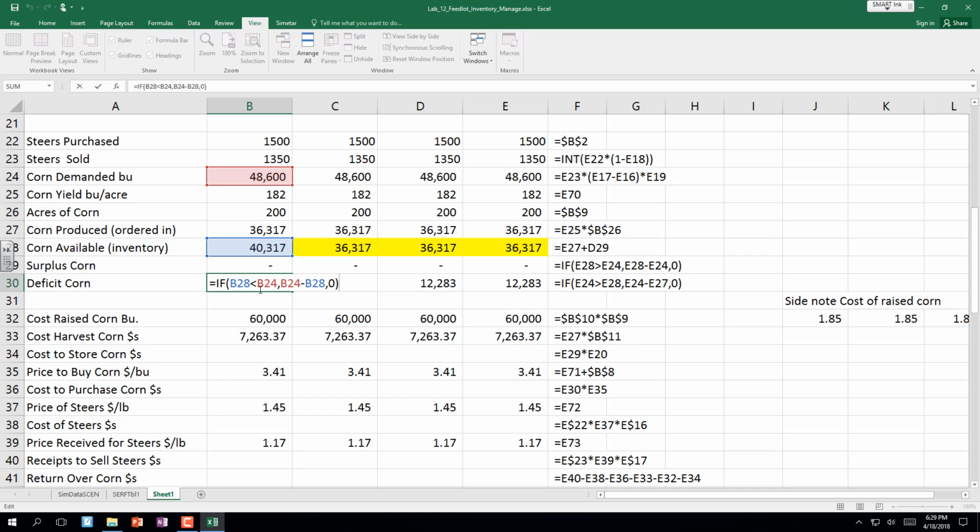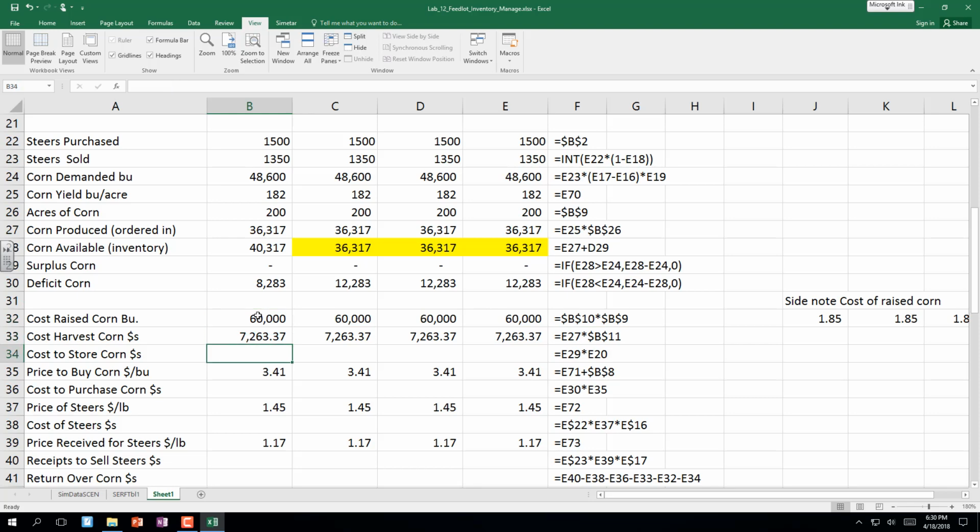Because it says, if I demanded 48,600 and I only had 40,000, I'm short by 8,000. But the formula that you have right there is using your corn produced instead of available. Yeah, it is. Get rid of it. Equal B formula. Thank you. There we go. That's better now. Okay. Thanks for catching that. I didn't see it.